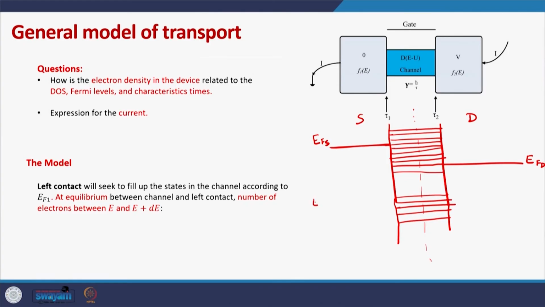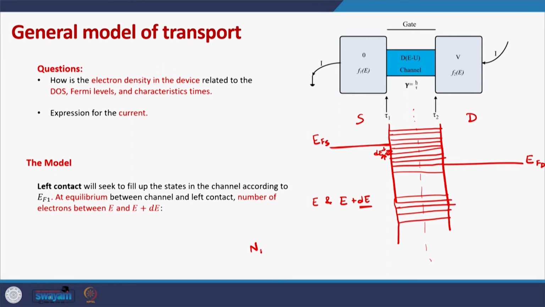So, then in equilibrium, when the source is in equilibrium with the channel, the number of electrons between energy E and E plus dE, in a small energy range of dE, will be, so let us say this is the number of electrons, this is the energy range dE.